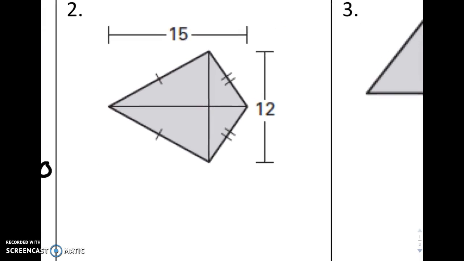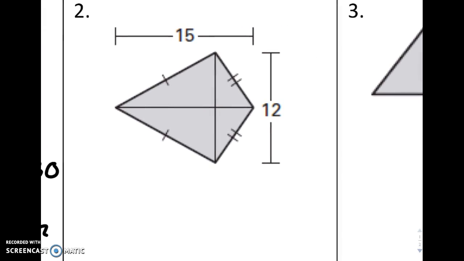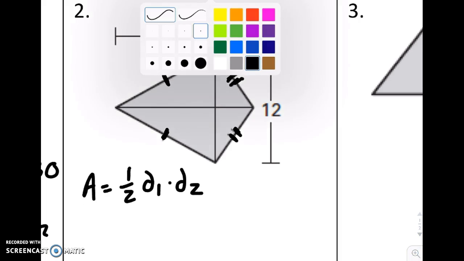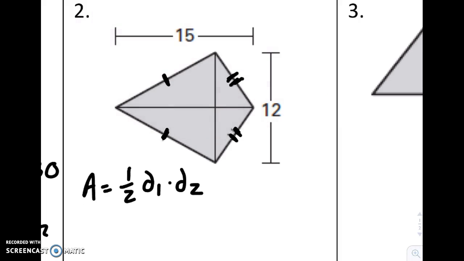Moving on, gets a little bit more challenging. This is a kite. A kite has one congruent pair here and another congruent pair of sides kind of touching on the other side. The formula for this one, area equals 1/2 diagonal 1 times diagonal 2. So the diagonals being all the way across here and all the way across this way.